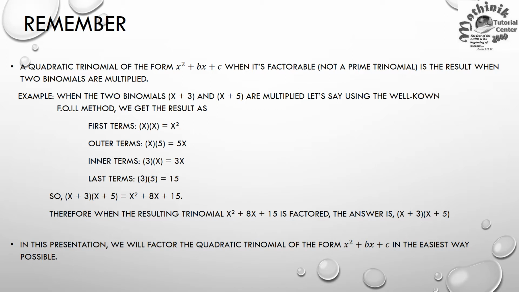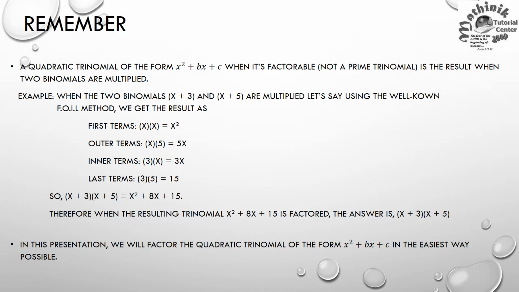For example, when the two binomials x plus 3 and x plus 5 are multiplied, let's say using the well-known FOIL method, the result will be: multiplying the first terms, x times x, meaning the first terms of the two binomials, that is x squared. And the outer terms, meaning the first term of the first binomial and the last term of the second binomial, that will be x times 5, 5x.